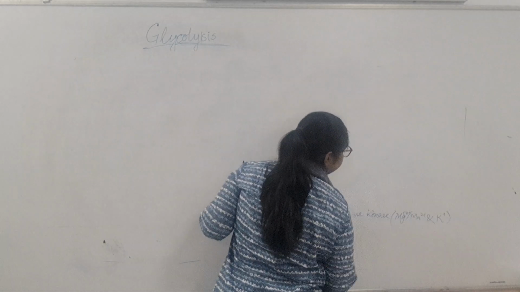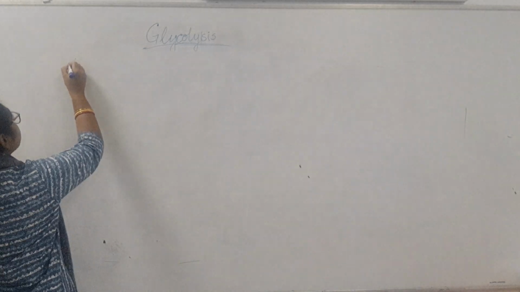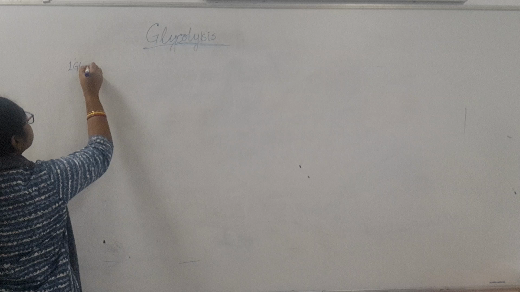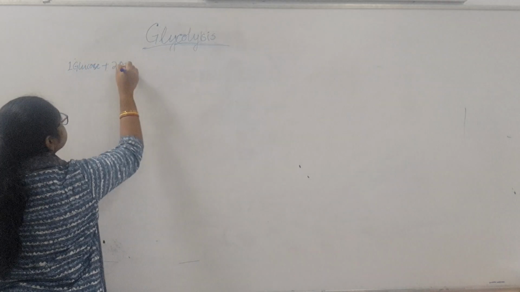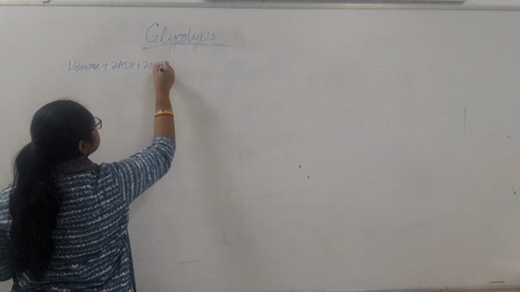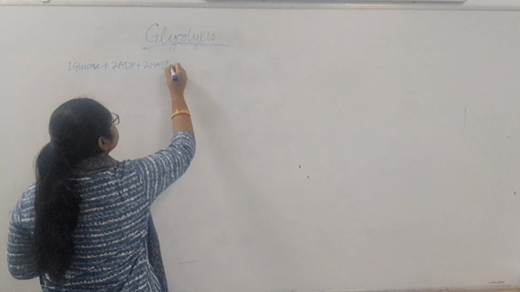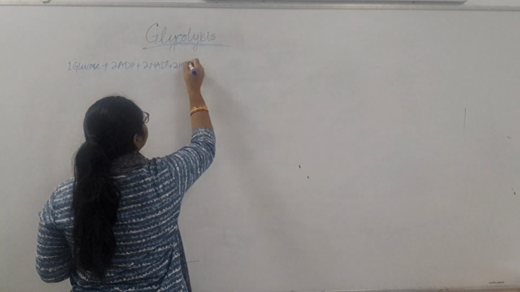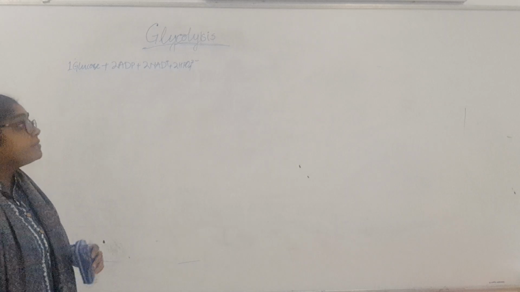So the net reaction of glycolysis is 1 glucose molecule plus 2 ADP plus 2 NAD plus, okay, plus 2 HPO4 2 minus, that is monohydrogen phosphate.